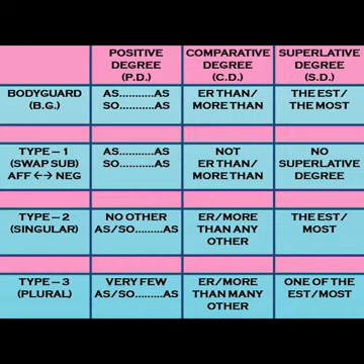Now after that, we have here three different segments. Type 1. In type 1, you will find two subjects there. In that situation, you have to swap the subject. If the sentence is affirmative, turn it into negative.